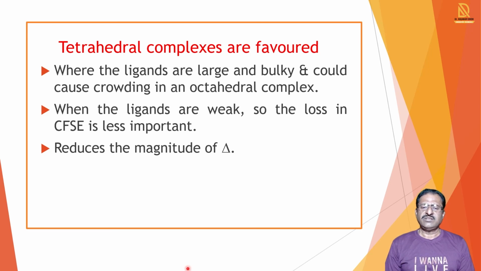And when the ligands are weak, the loss of crystal field stabilization energy is less important. So this reduces the magnitude of delta. The tetrahedral complexes reduce the magnitude of delta because here the delta energy is reduced as compared with the octahedral complex.